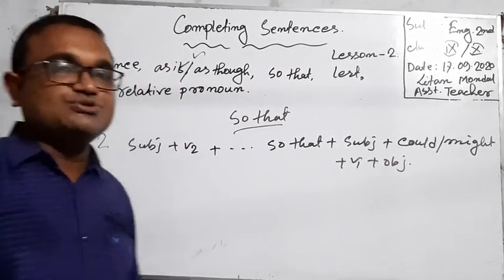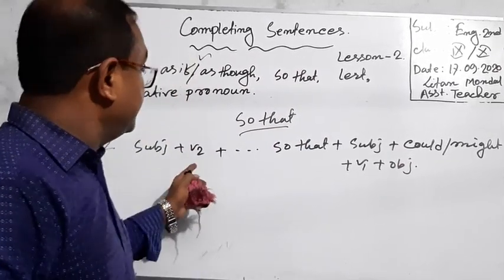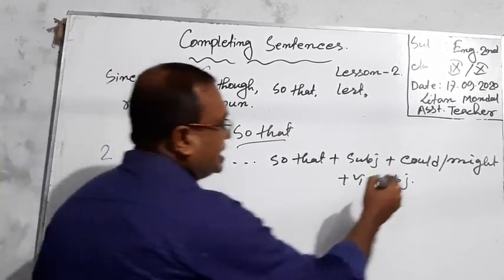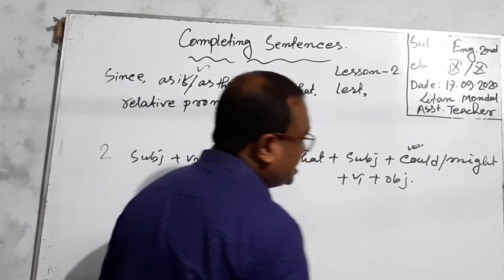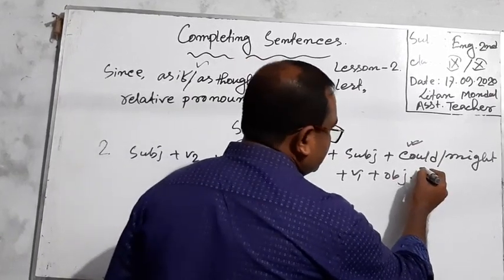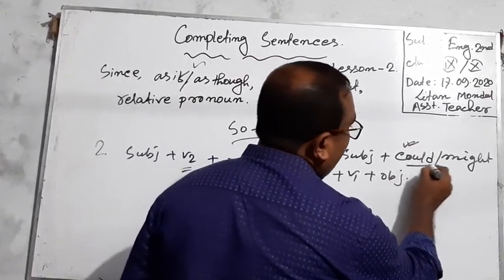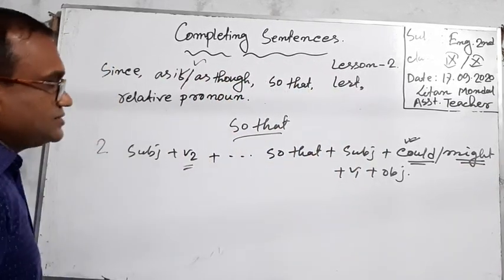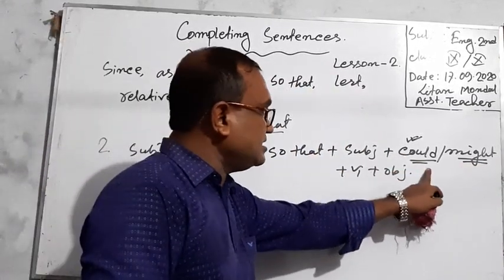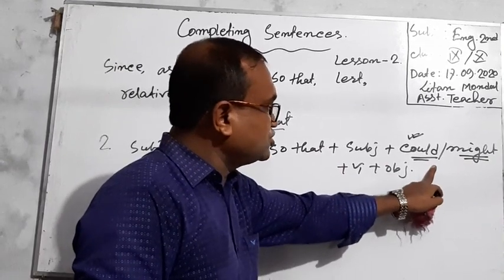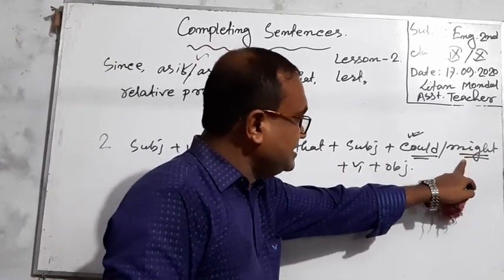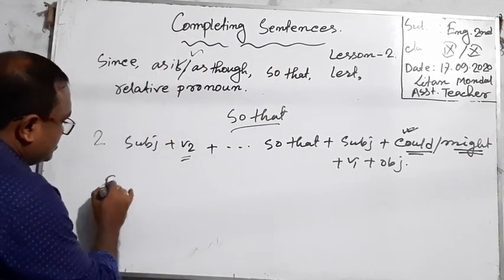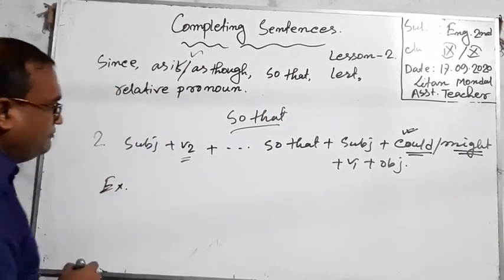Yeah, just students, look at here very carefully. Here, this is V2, and that's why the modal has been changed and has taken the past form. This is from can. Here I have used could, and from may I have used might. Now let us try to see an example.